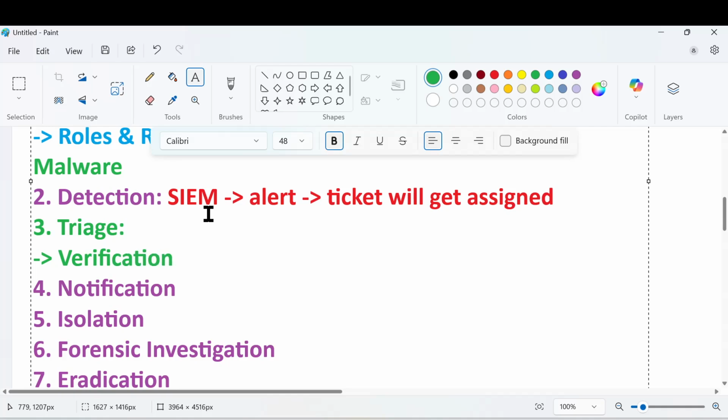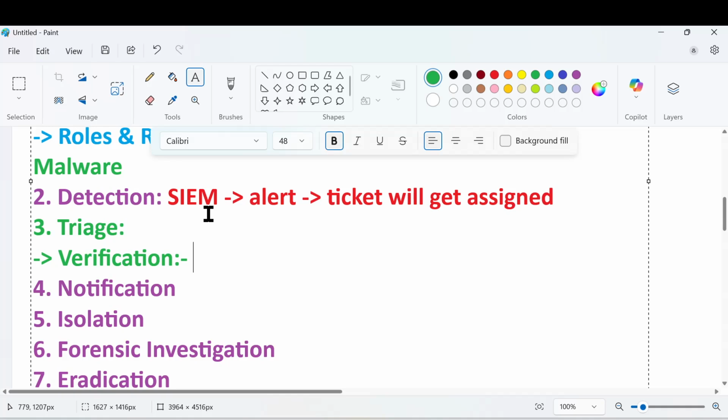In this verification phase, they have to verify whether the incident that has occurred is worth responding to or not. In the organization, we will not be responding to each and every incident as a priority.